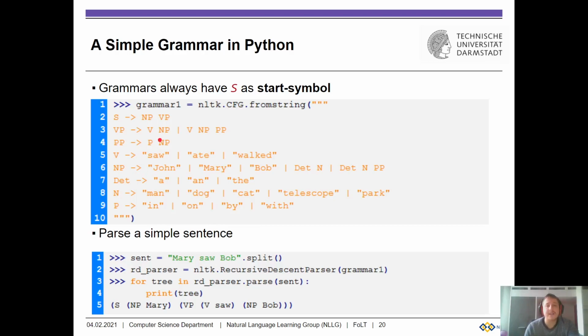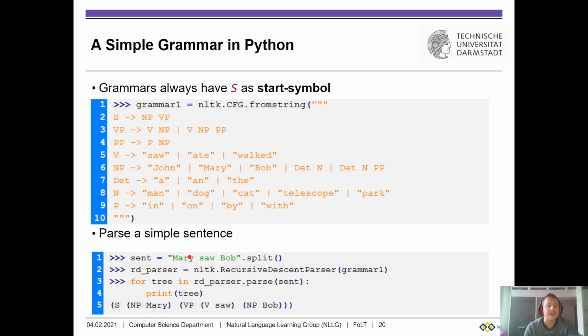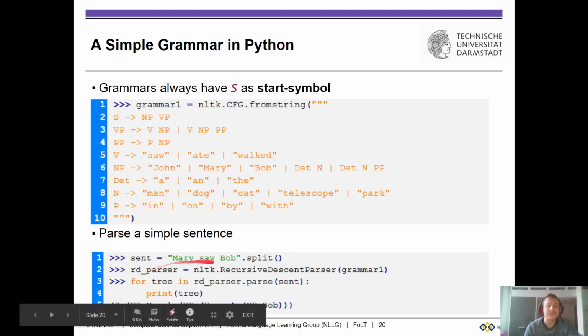And then in NLTK, you can directly write this down as a string and feed this string into a method of NLTK, CFG. So CFG stands for context-free grammar, and then you would say fromstring and feed in your grammar. Then if you want to parse a simple sentence such as Mary saw Bob, you would first feed in your grammar to the NLTK recursive descent parser, which we're going to see in a short while how that works.